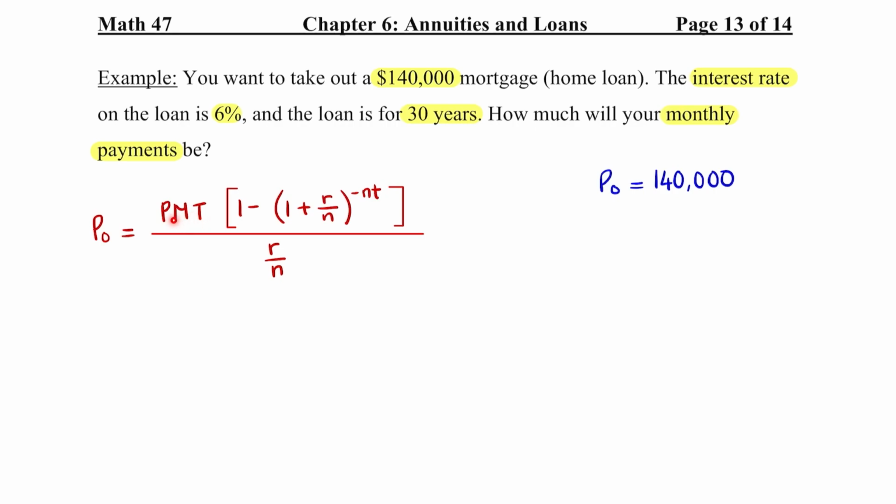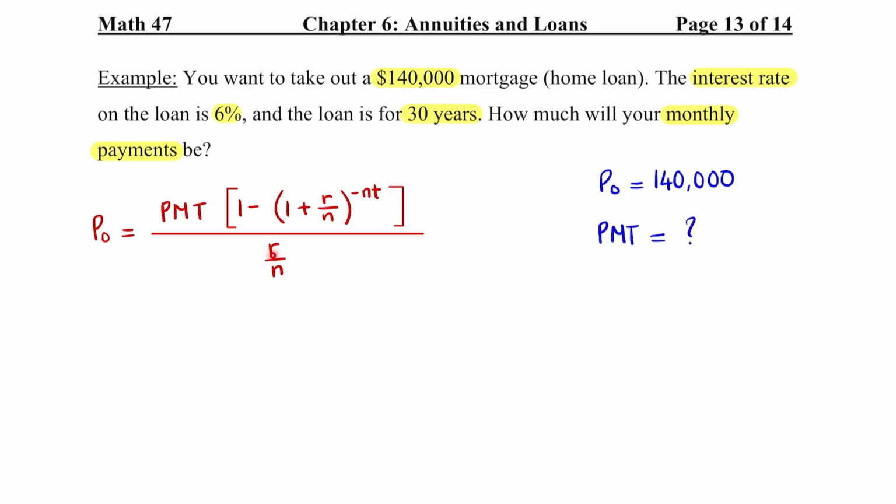PMT is my payment. Do I know how much payment I have to make? No, that's what they're asking for. How much will your monthly payment be? So my PMT is the unknown.